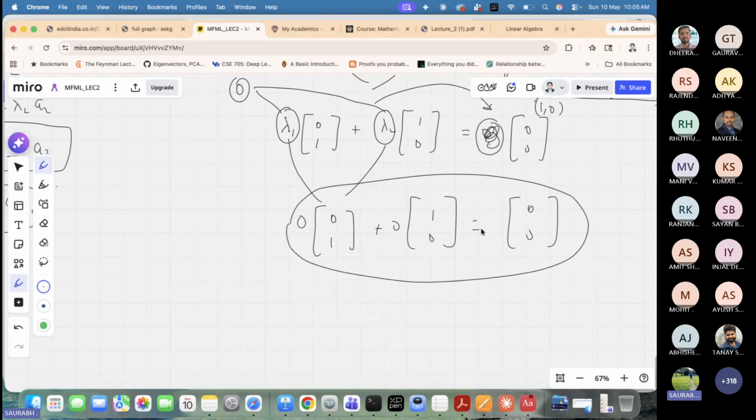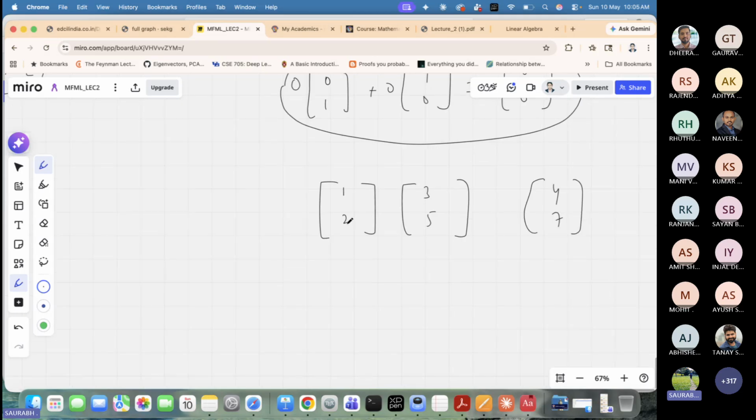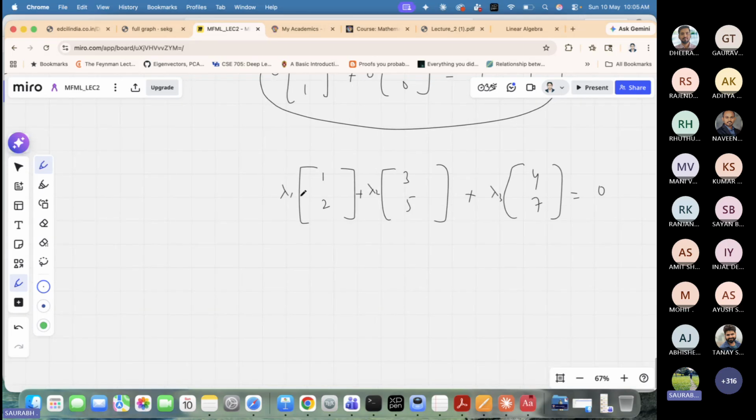For example, let's say I gave you two simple vectors, 1 2 and 3 5, and the output is 4 7. Whatever you do with these, you can write it as lambda 1 times this, lambda 2 times this, plus lambda 3 times this. You can find non-zero lambda 1, lambda 2, lambda 3.